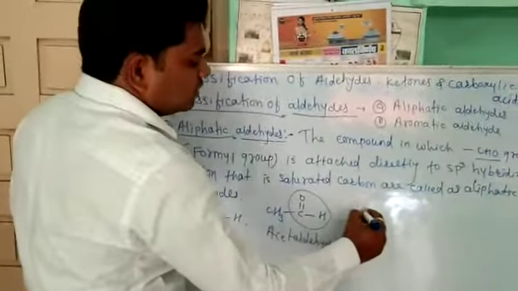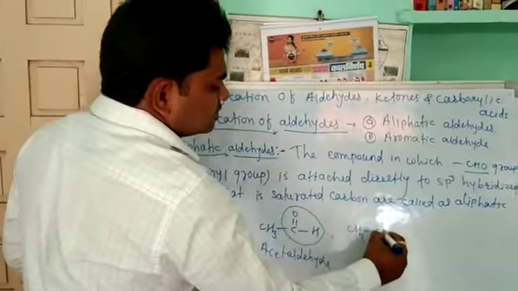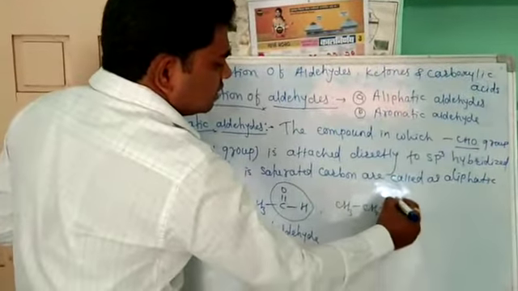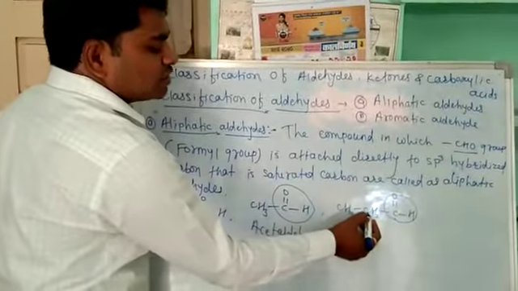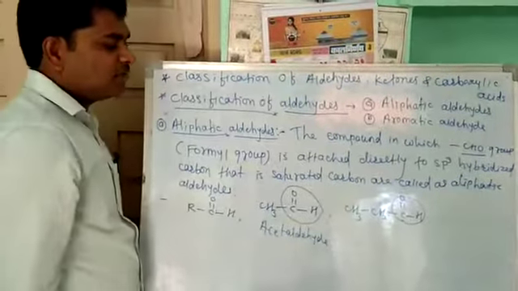Similarly, another example: CH3-CH2-C double bond O-H. This is also an aliphatic aldehyde because the formyl group is attached to an sp3 hybridized carbon atom.